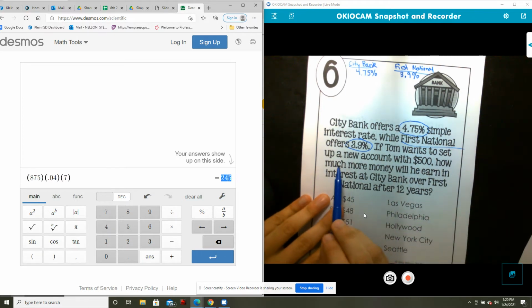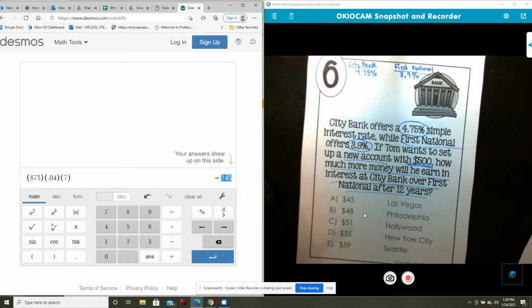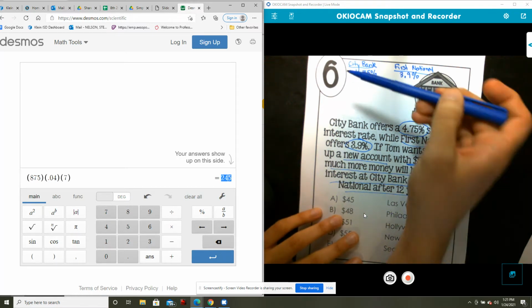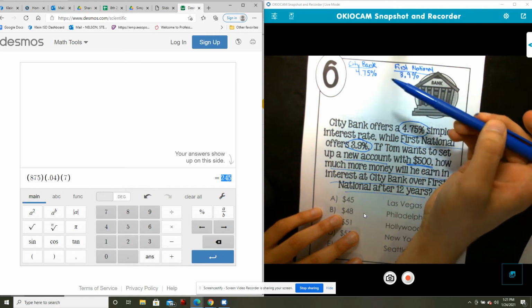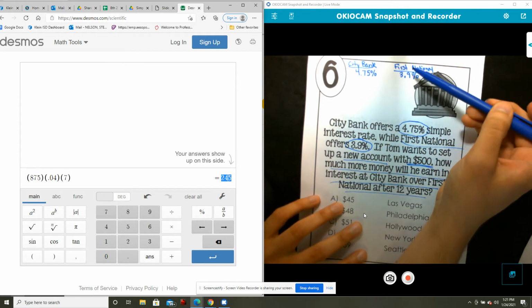If Tom wants to set up a new account with $500, okay, so we're dealing with an investing question. How much more money will he earn in interest? More money he'll earn in interest at Citibank over First National Bank. So that means we're taking the amount of interest he's going to earn at Citibank and subtracting the amount of interest that he earns at First National.